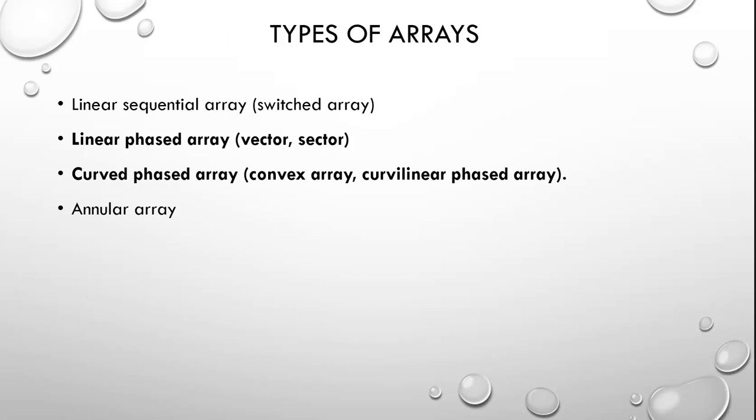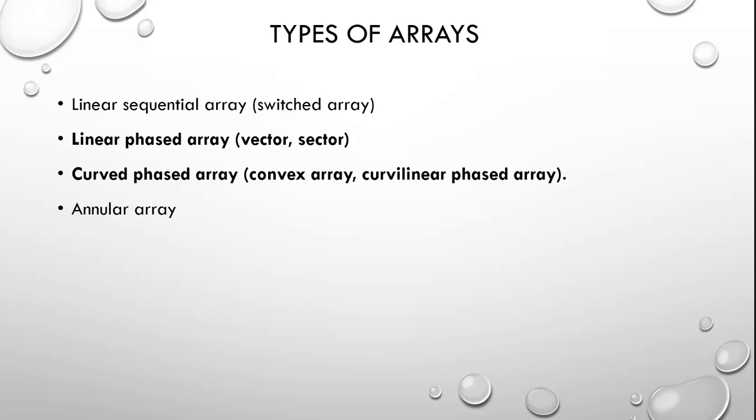Different types of arrays that we utilize. We've already talked about the linear sequential array or the linear phased array. There's 2 other types of arrays that we use that could be used potentially. One is the linear sequential array. It's an obsolete array that was used in early phased array, not even phased array, excuse me, in early multi-crystal transducers.